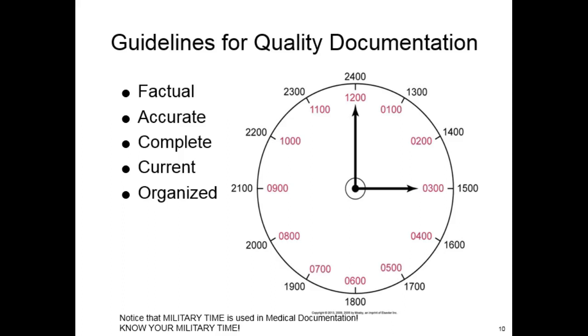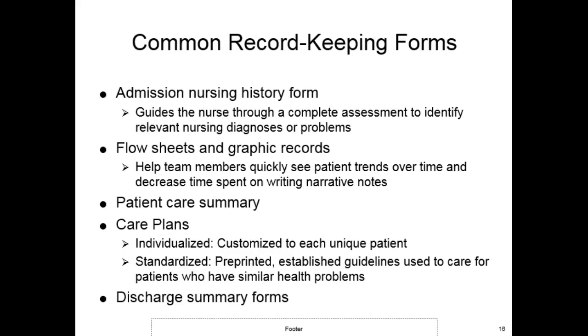When you're documenting in an electronic health record, these are the guidelines. The record-keeping forms found in electronic health records could be all of the above, everything listed here. So when the patient comes in, the admission form, there are all kinds of different flow sheets depending on which electronic health record you use.